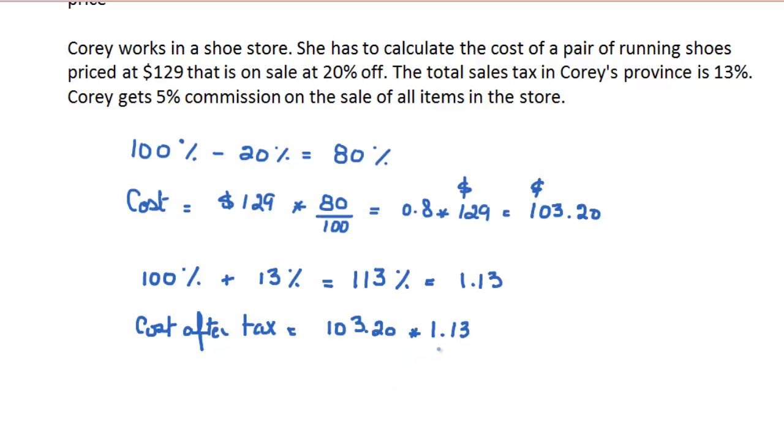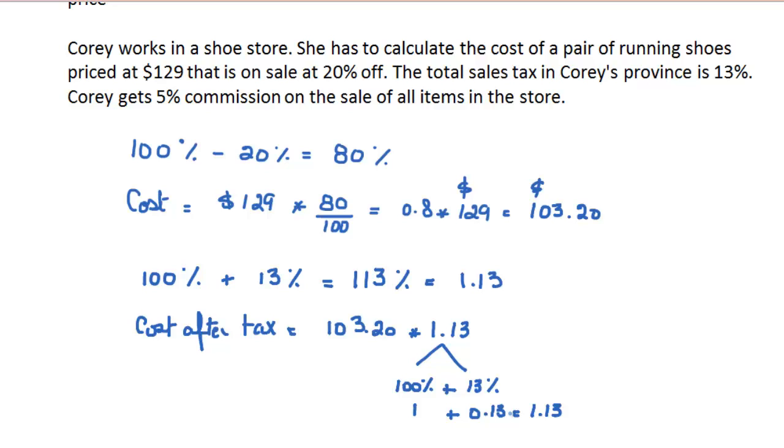I'm calculating two components here. I'm paying 100% of this amount plus 13% additional. So in decimal, 1 plus 0.13. That's why it's 1.13. So 1.13 times 103.20, I can calculate it with a calculator.